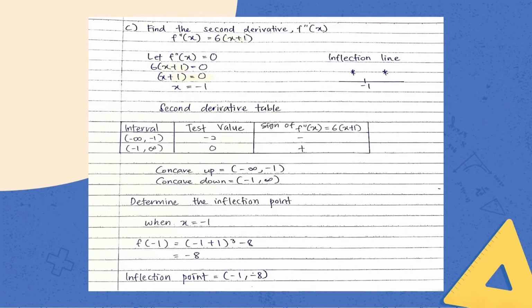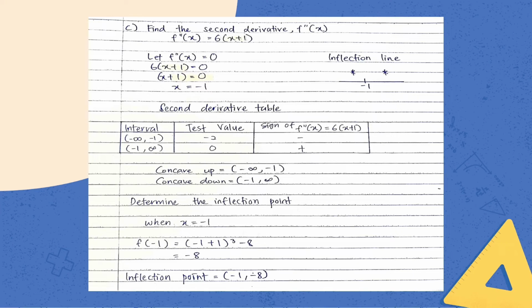Next, we go to question C. The question asks us to find the interval where f(x) is concave up or concave down and find the inflection point. So the first step that you need to do is find the interval where it is concave up or concave down. You need to find the second derivative from the first derivative.